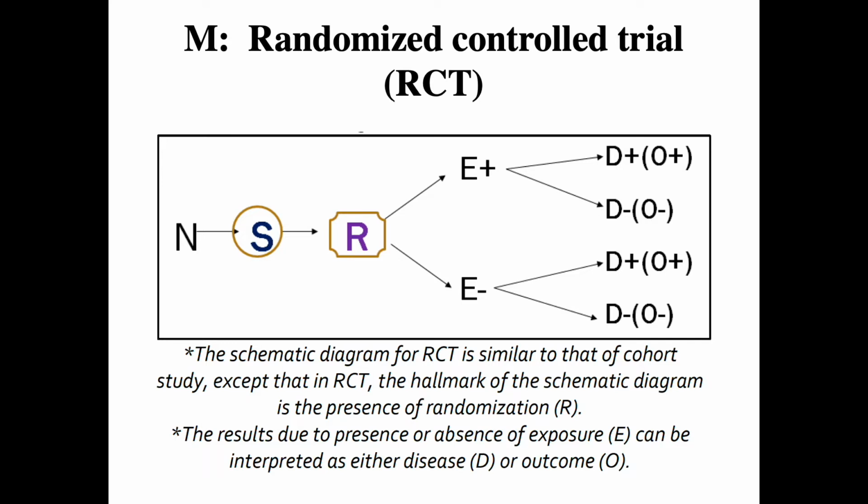The randomization process is a requirement in our RCTs because this is one way in which we equalize the characteristics of the study participants, which could be measured or unmeasured, between the two treatment arms, so that the only difference between the two groups would be the type of intervention that was used.